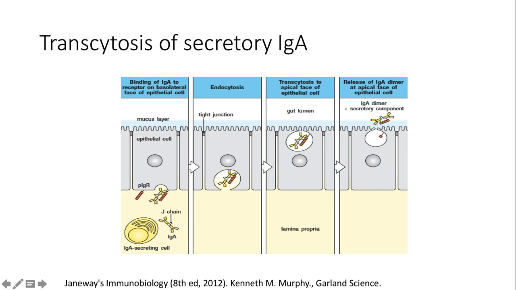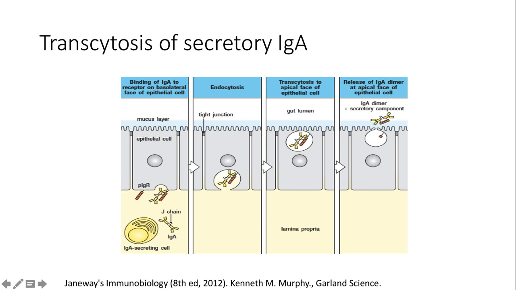There the polymeric immunoglobulin receptor is cleaved, leaving the extracellular immunoglobulin A binding component bound to the immunoglobulin A molecule as the so-called secretory component.